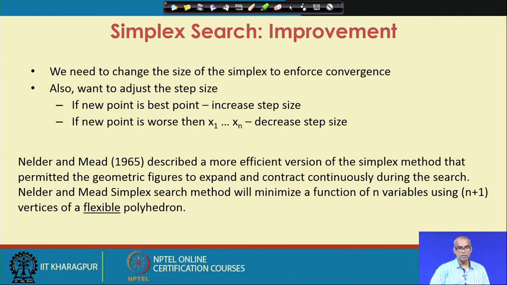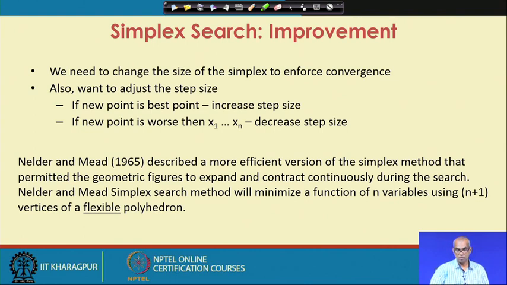Nelder and Mead in 1965 described a more efficient version of the simplex method that permitted the geometric figures to expand and contract continuously during the search. The Nelder-Mead simplex search method will minimize a function of n variables using n plus 1 vertices of a flexible polyhedron. So, the main difference is, in the original regular sequential simplex search, we always had a regular simplex, a regular geometry.